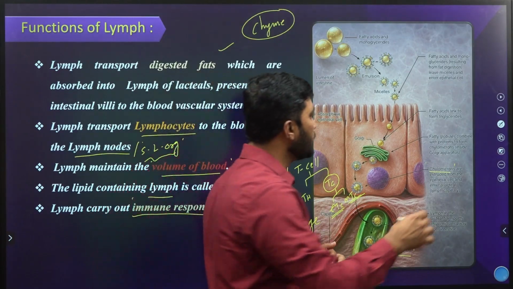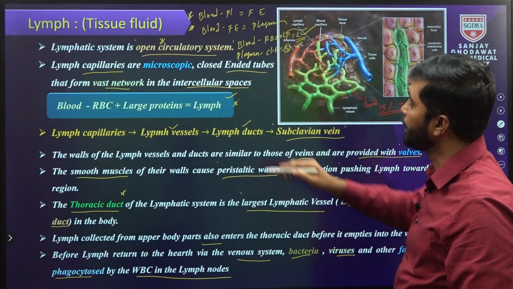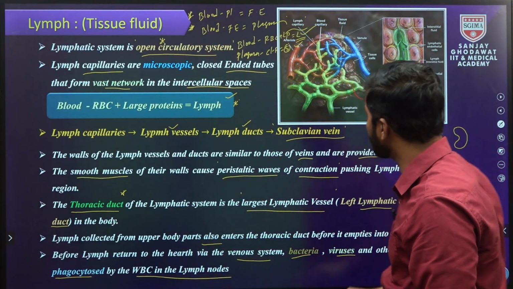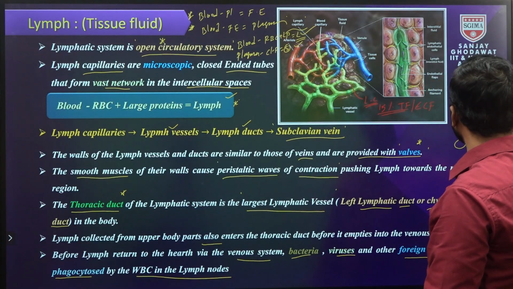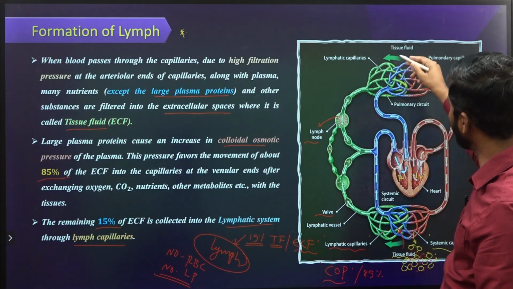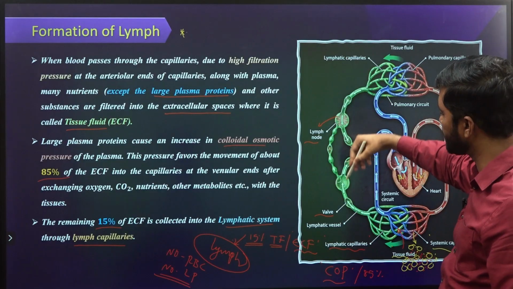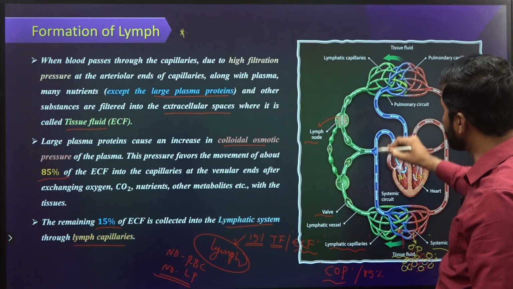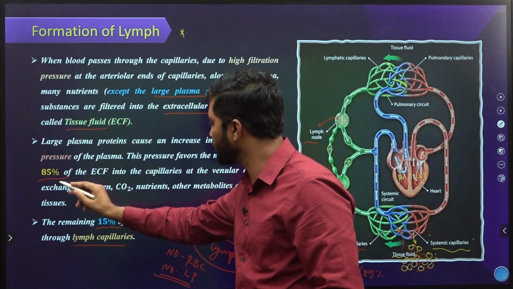So finally, the lymph or tissue fluid topic is completed. This was the introduction, the different capillary structures and the formation of lymph in the body tissues, then transport by the lymphatic system towards the venous system to the heart.